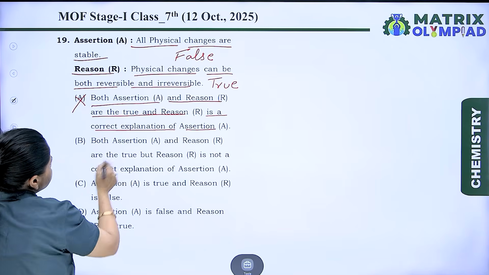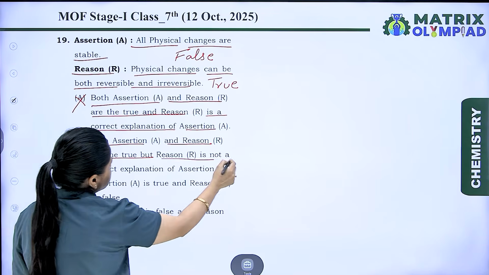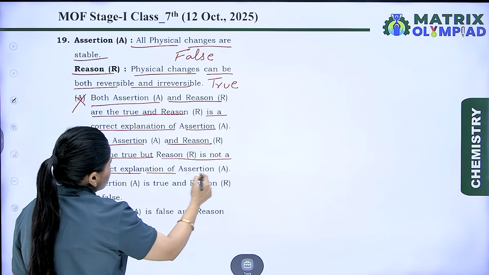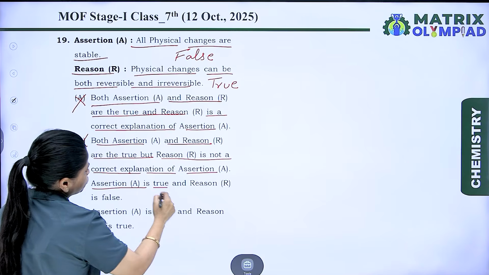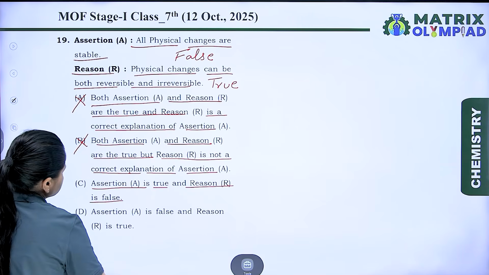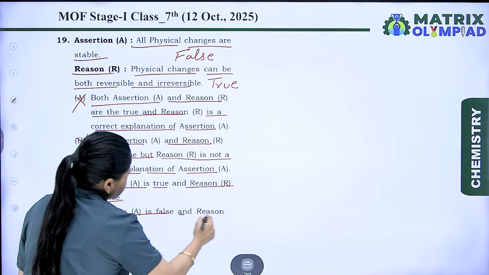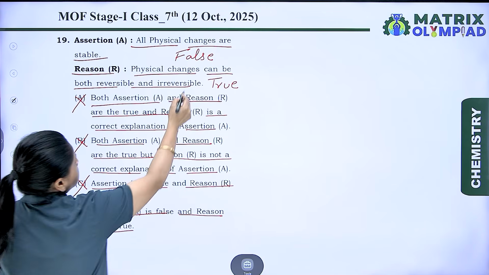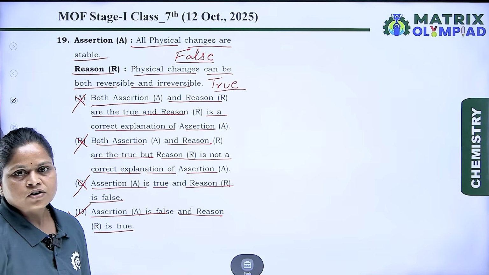This is wrong. B. Both assertion and reason are true, but reason is not a correct explanation of assertion. This is again wrong. C. Assertion is true and reason R is false. This is again wrong. D. Assertion is false and reason is true. Yes, this is the correct option for the question.